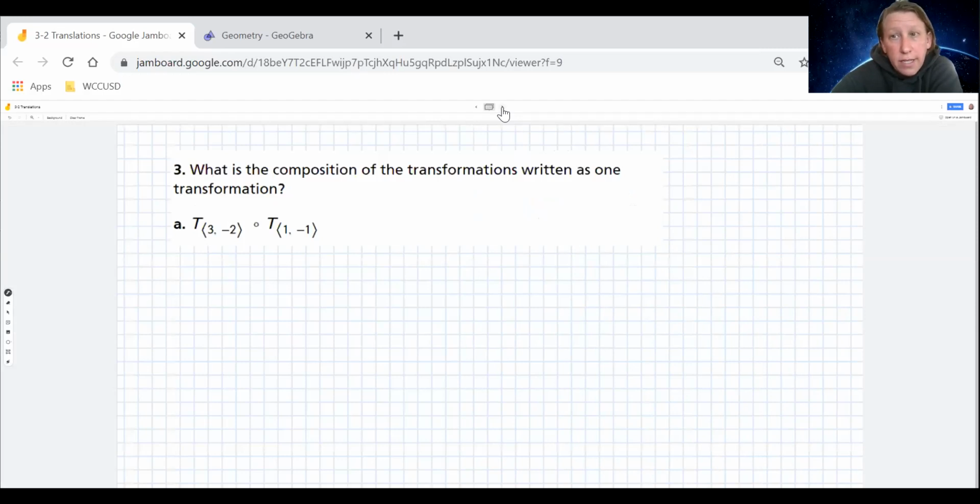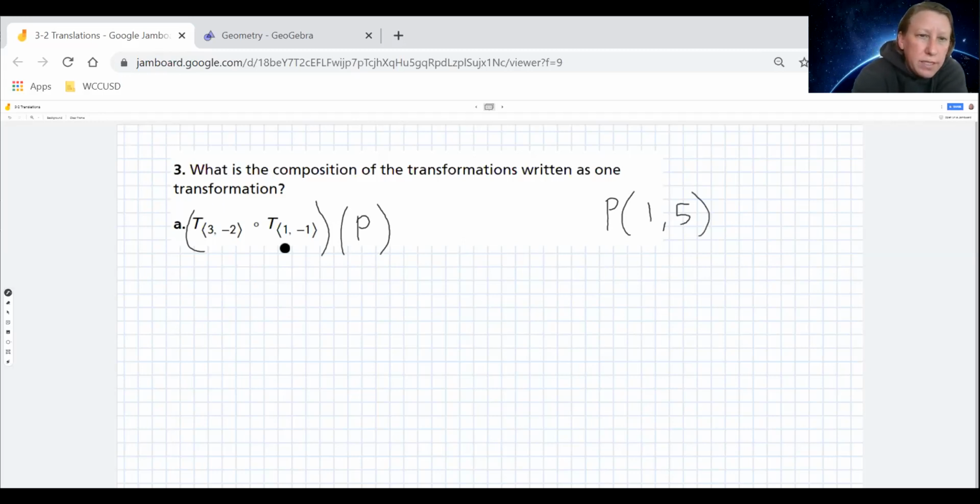One thing that's interesting is if you have 2 translations, you can smash them together and just rewrite it as one simple translation. So let's say I'm doing all of this to point P. And I'm going to tell you that point P is the point 1, 5.